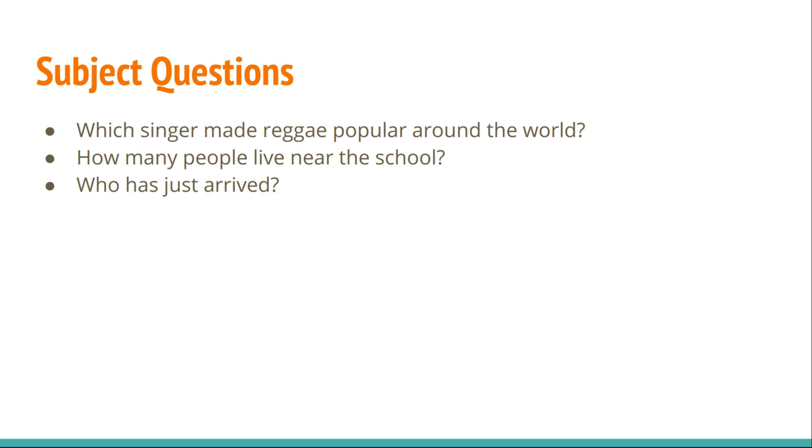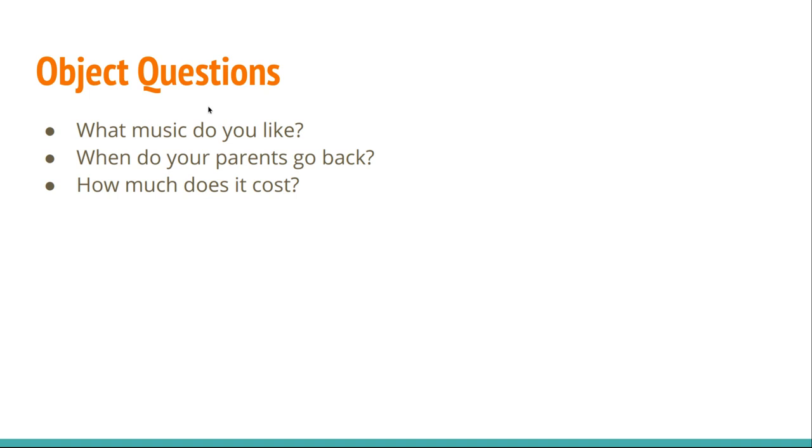of our subject. On the other hand, object questions: what music do you like? When do your parents go back? How much does it cost? They have an auxiliary, and in this case, we know who performed the actions: you, your parents, it. Okay, and as we know the identity of the subject, we are asking for something else.